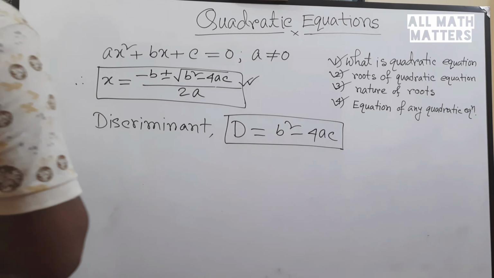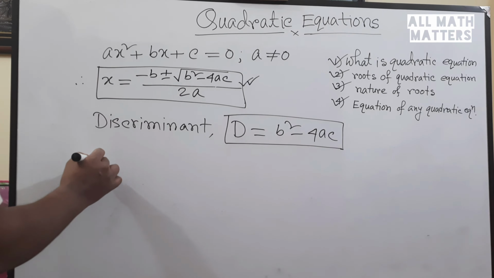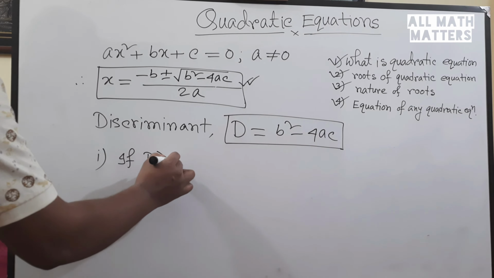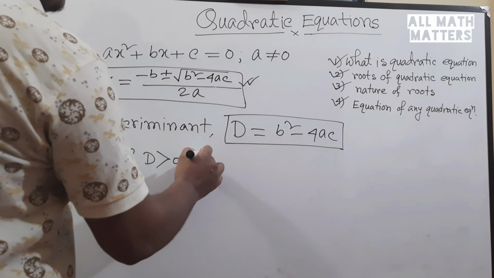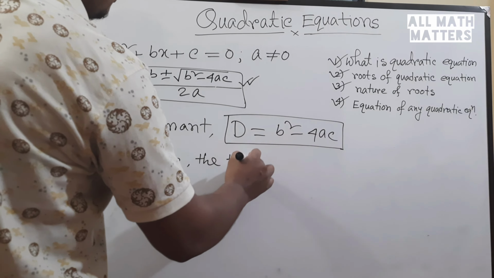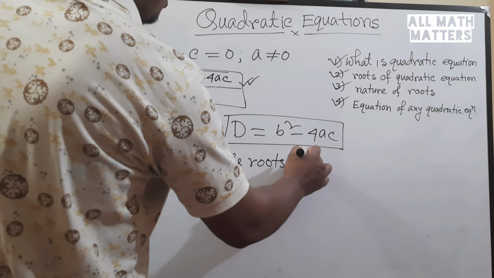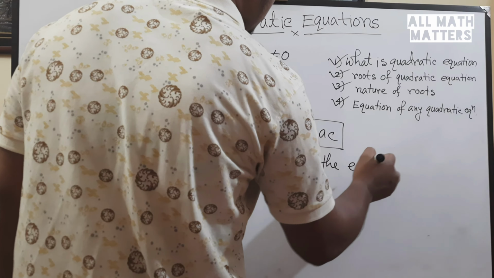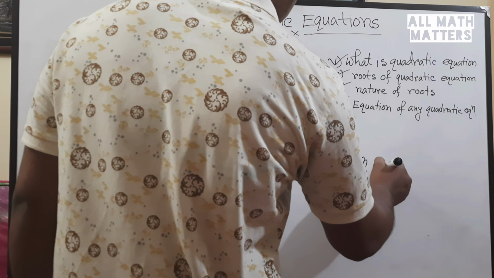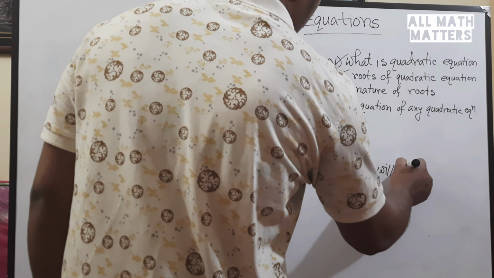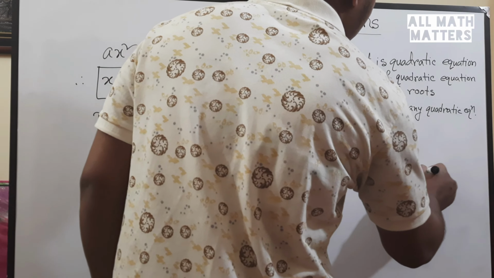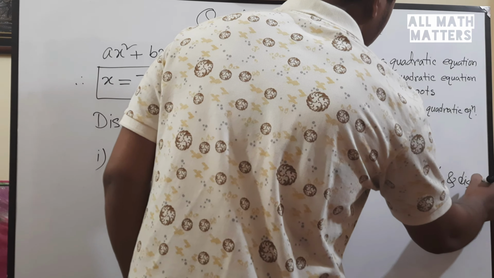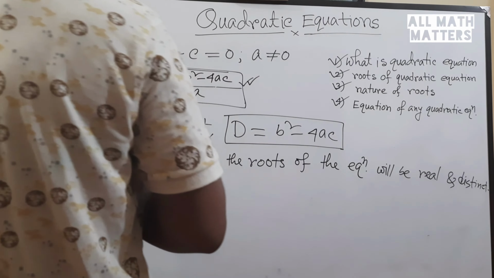That's why you need to know only four things. Number one, if D > 0, that means if the discriminant is positive, then the roots of the equation will be real and distinct, that means not equal.